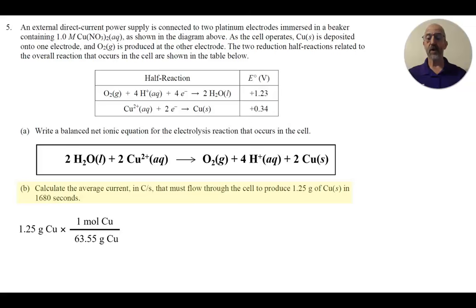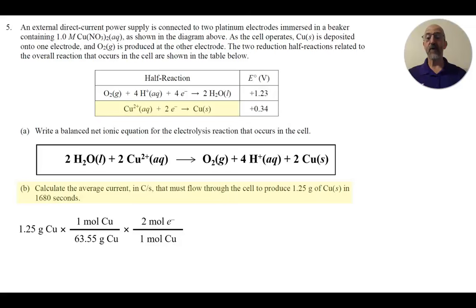And if you're not sure about moles of electrons, remember that for every 1 mole of copper that is produced, there are 2 moles of electrons. Now, you also could say 4 moles of electrons for every 2 moles of copper, but since that ratio reduces to 2 over 1, I'm just showing you the reduced version, and you would get the same answer if you had 4 over 2.